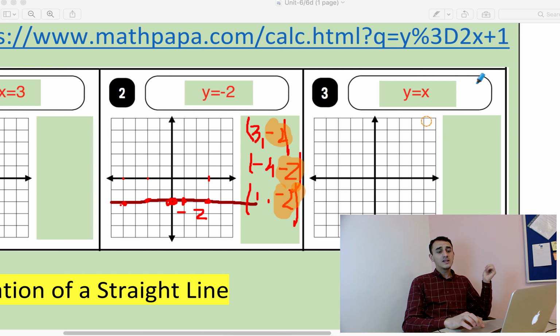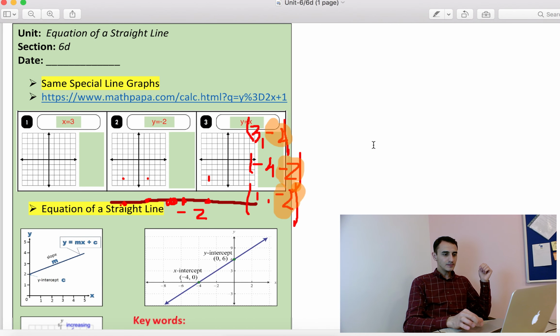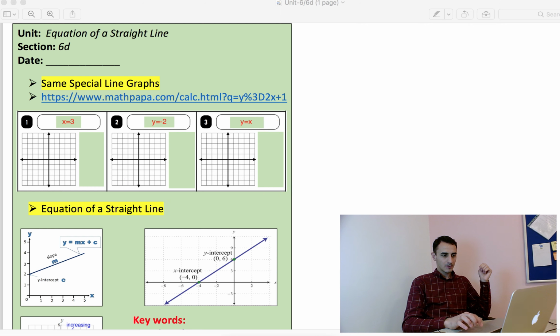So with the same idea we can say that, for example, y is equal to 5, or 4. Y is equal to 4 needs to be, this is 1, 2, 3, and 4 here.